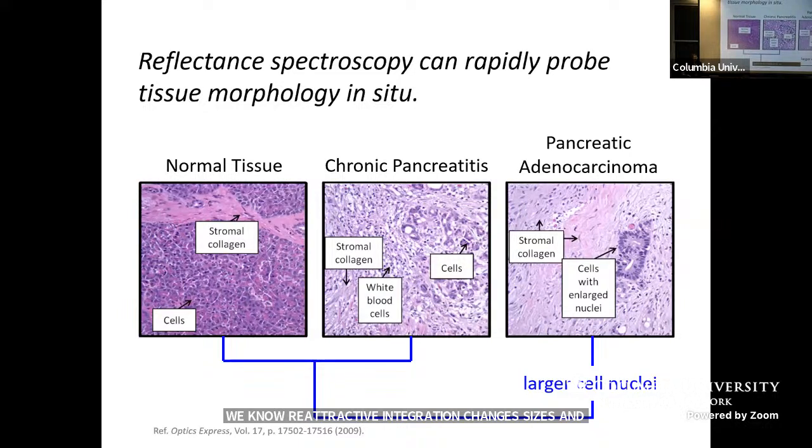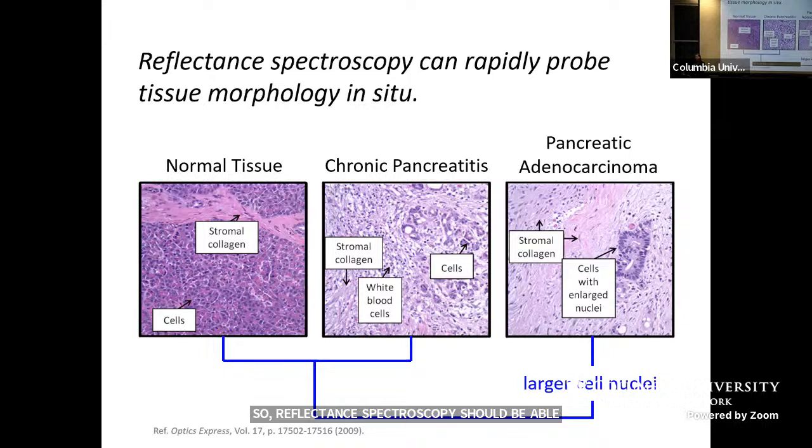So we can use a technique called reflectance spectroscopy, which sends light into tissue and measures the light that is scattered. And so reflectance spectroscopy should be able to tell us which tissues have larger cell nuclei in their interrogation volume as we deliver light to tissue.